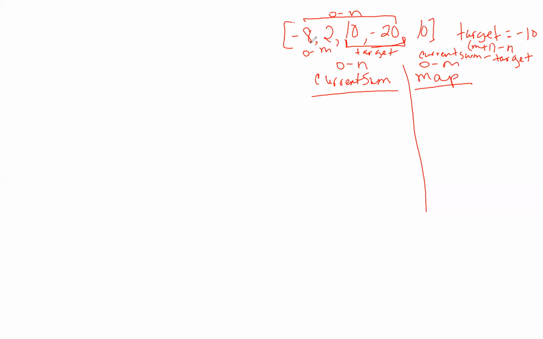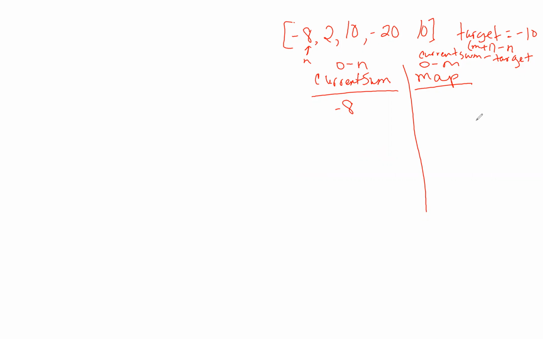All right, so let's walk through this to make sure it works. First, current sum is -8, because we're right here. Is -8 equal to -10? It's not. So we want to see if we found it in our map.